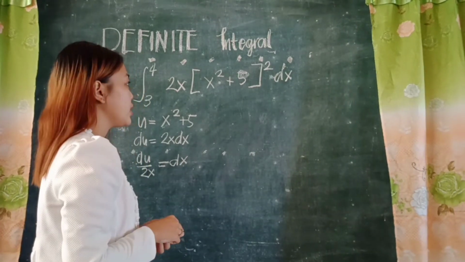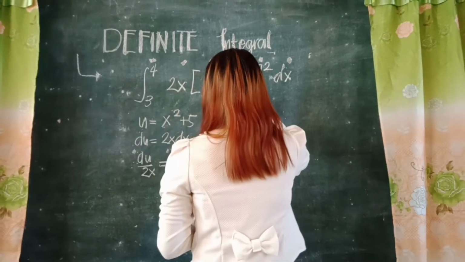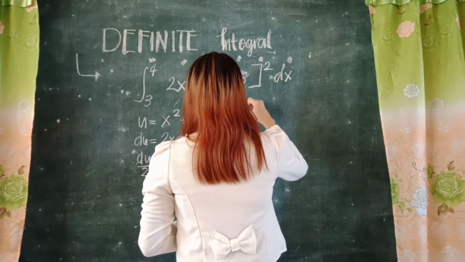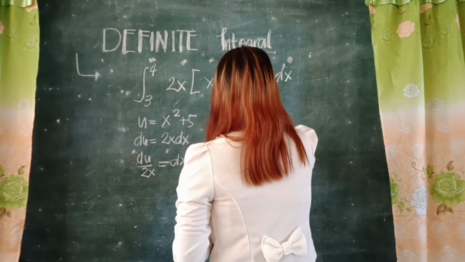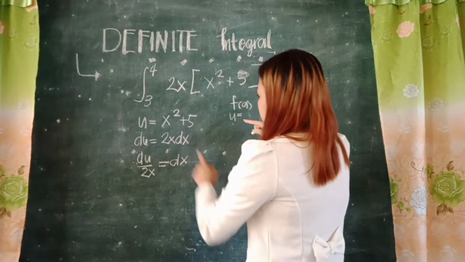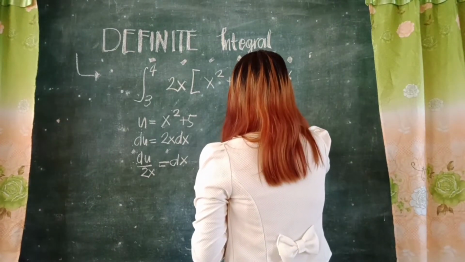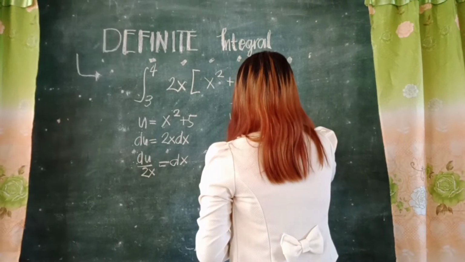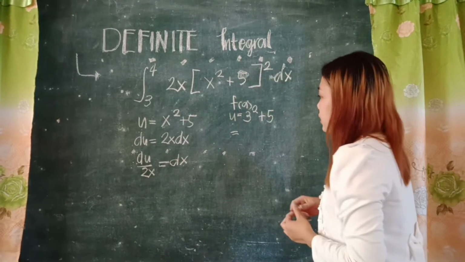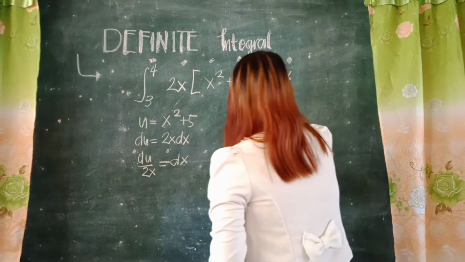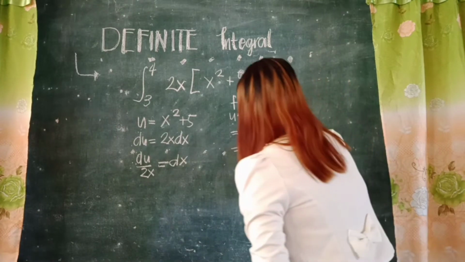Now let us proceed to the lower limit. f of a, or u, is equal to x substituted with the lower limit 3: 3 squared plus 5. 3 squared is 9, plus 5 is 14.